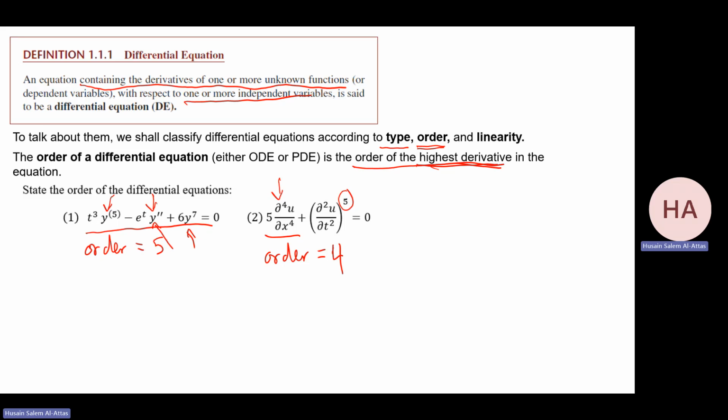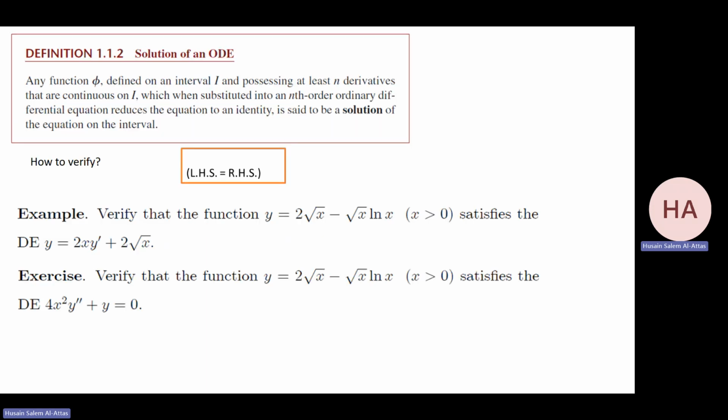Usually we talk about type, ODE, ordinary differential equations, where we have only one independent variable, or PDE, which is not part of this course. We'll concentrate on ODE. Order, as I said, is the highest derivative. Linearity, we need everything to be linear.